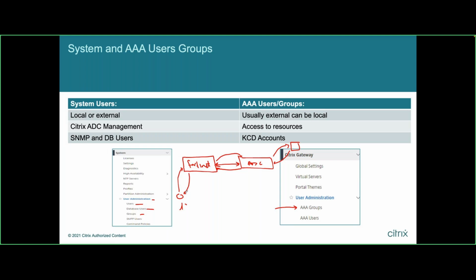If you see, the ADC can do WAF. The ADC can do content switching. It can do compression of that HTTP traffic. It can do load balancing, and it can do SSL offload.